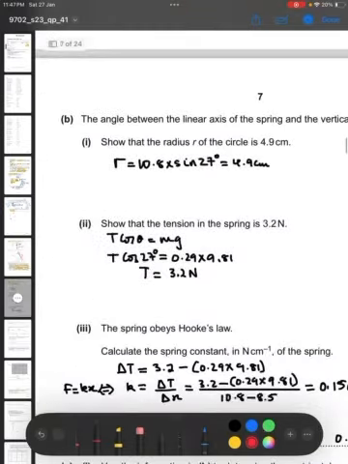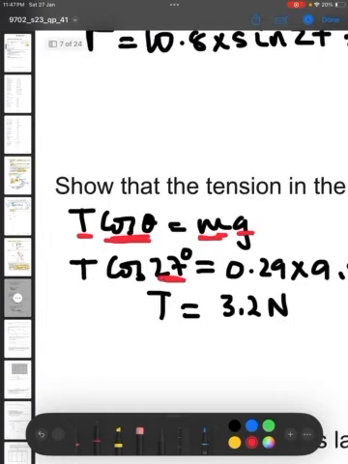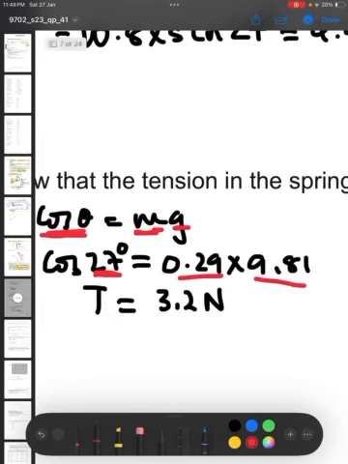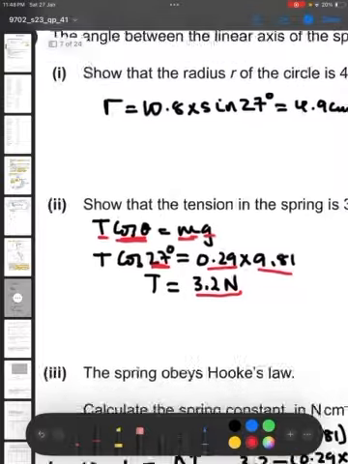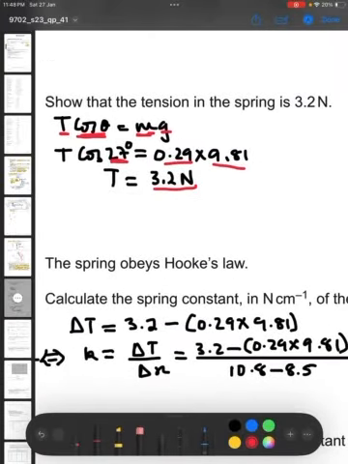So this is what I did here. I said T, the tension, cos the angle theta equals mg, the weight. Then we substituted the angle theta, which we know to be 27, and the mass and the gravitational field strength, and we found our tension to be 3.2. Now, we are told then that the spring obeys Hooke's law.